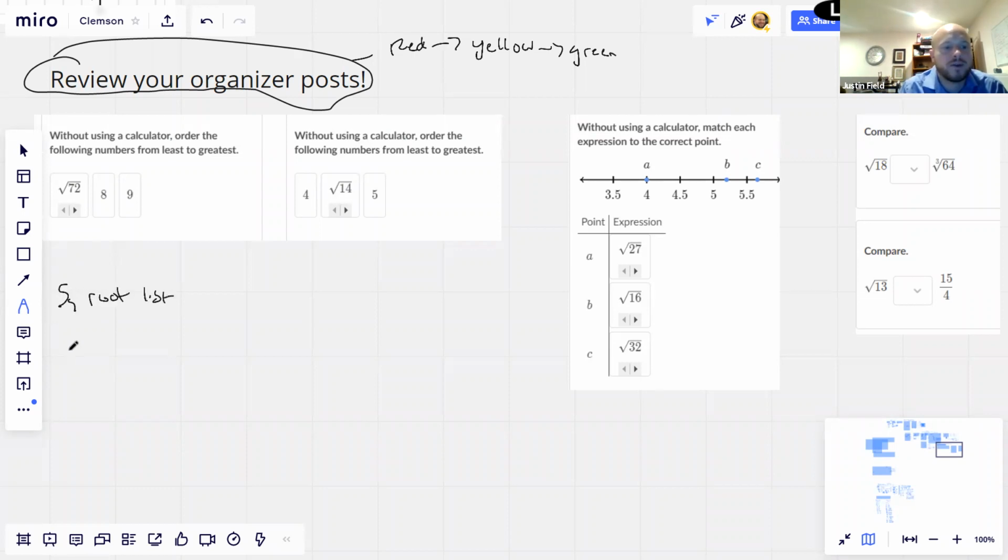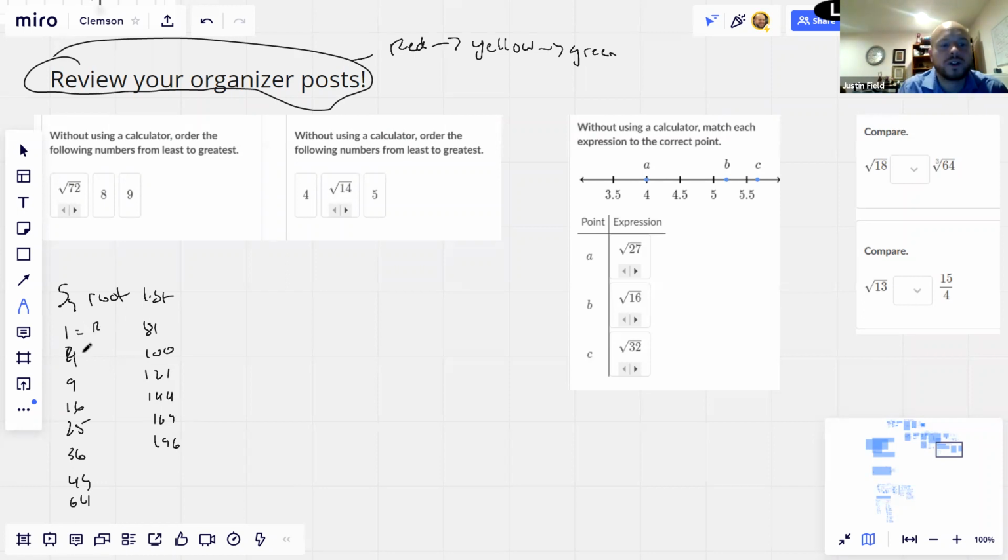All right, so hopefully we have our square root list. I'm just going to make mine really quick here. 1, 4, 9, 16, 25, 36, 49, 64, 81, 100, 121, 144, 169, and 196.